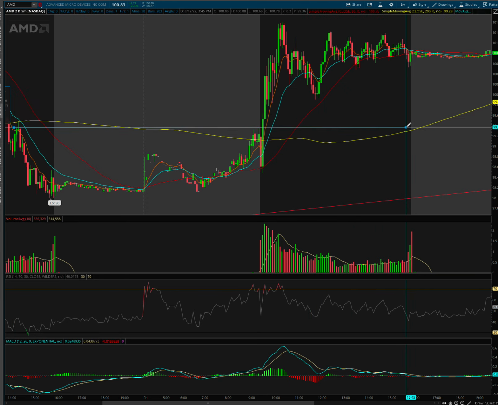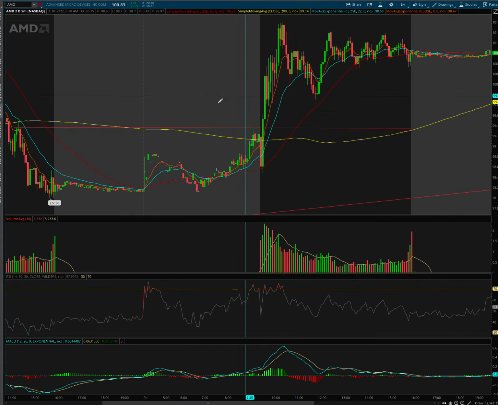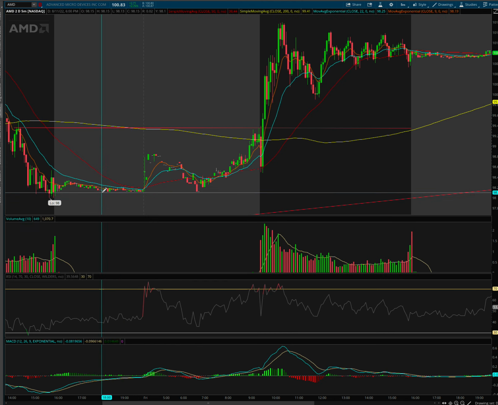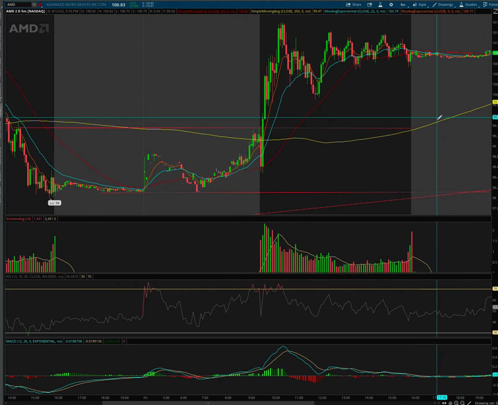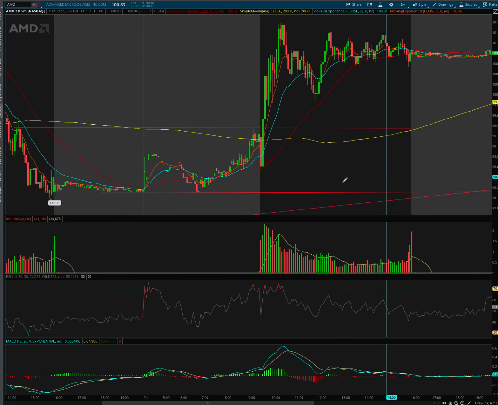I want to go all the way across the screen with it, so as the chart moves, I don't lose sight of it and forget about it. There is my pre-market high, and then I want to do pre-market low also. Kind of give me some more structure for this 5 minute chart.